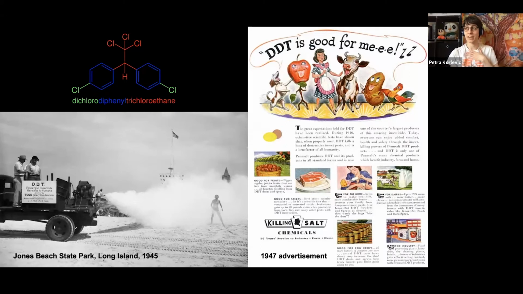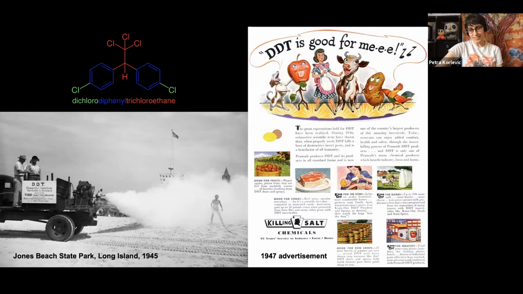It was also very dangerous to insects you kind of wanted to keep alive, such as bees, bumblebees, butterflies, and other insecticides started popping up. So this is a photo from the dispersal of DDT on a beach in the US in 1945, and just a very interesting advertisement about using DDT everywhere, all the time.